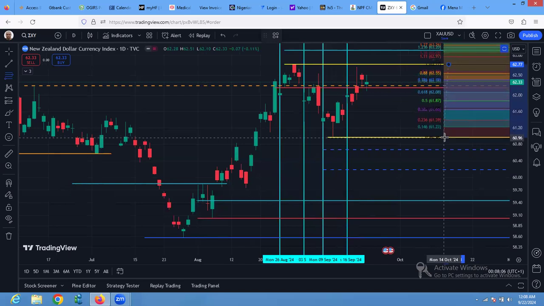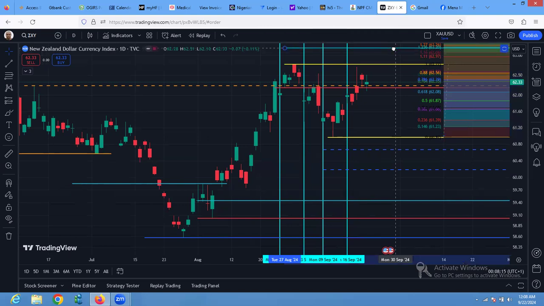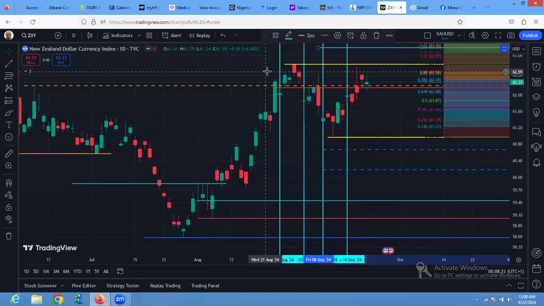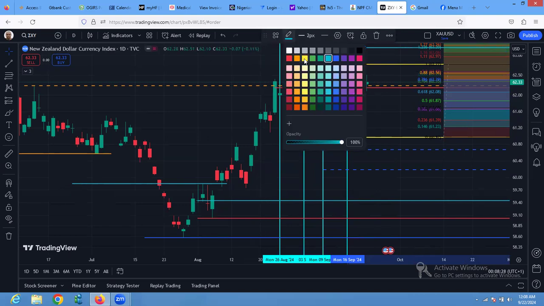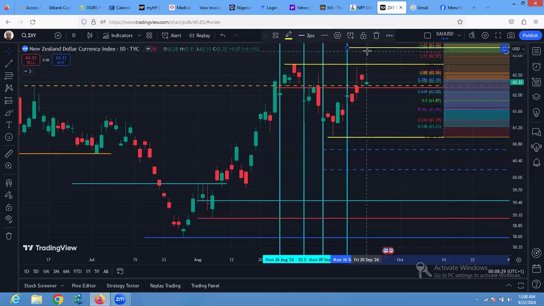If we get a 23 to the upside, which is around this area, if you are buying, you should be finding your exit around this area once you take the top. That is what it's looking like.